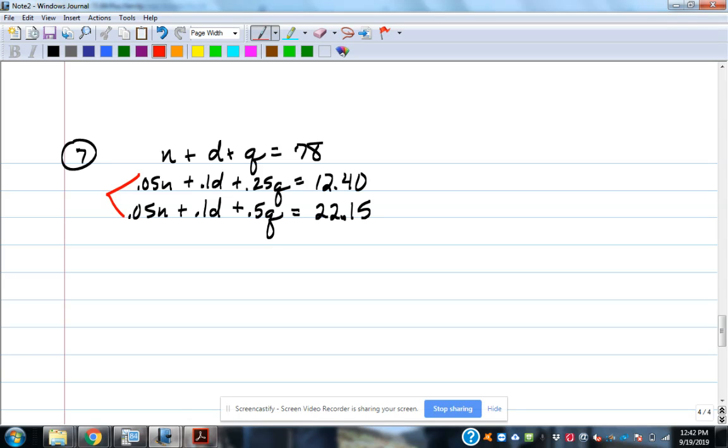That's a pretty good idea. Let's try that. I'm going to multiply the second one by -1, and that's going to give me -0.05 N minus 0.1 dimes minus 0.25 quarters equals negative 12.4. And then the other equation stays the same.